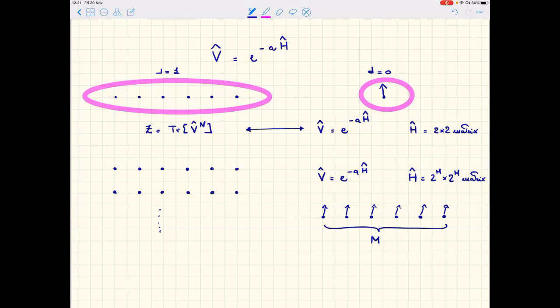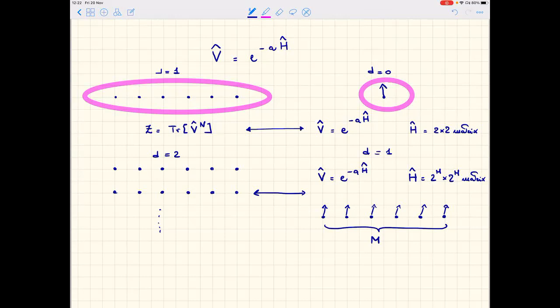Okay, this is in quantum mechanics. So therefore, in this case, I pass from a d equal 2-dimensional classical problem to a d equal 1-dimensional quantum problem.